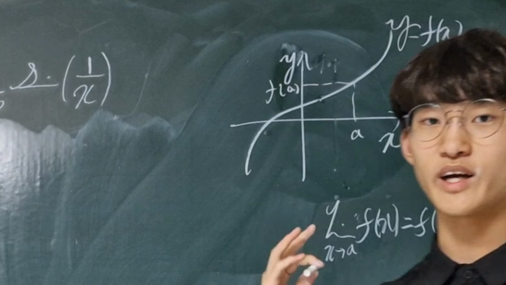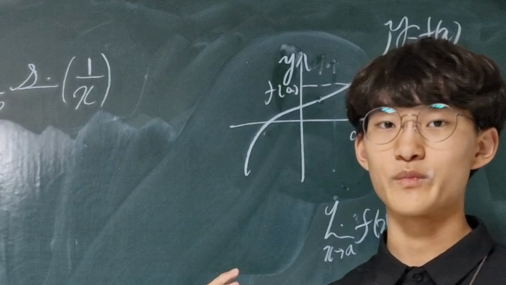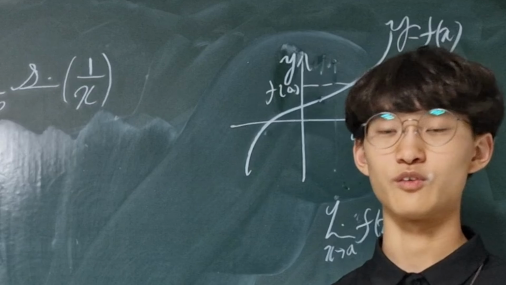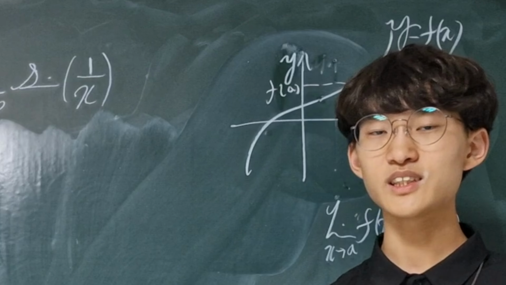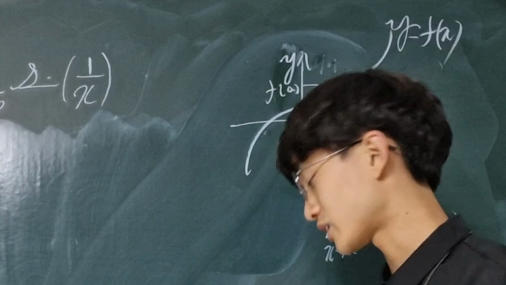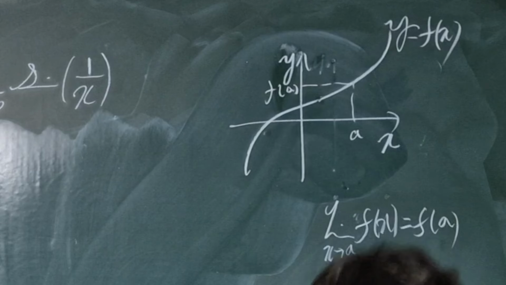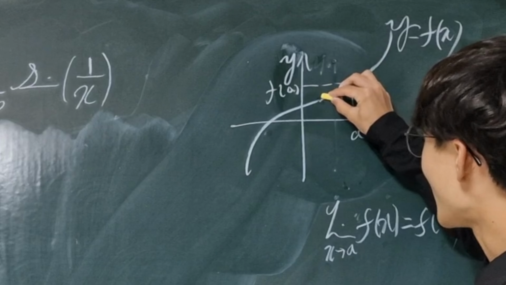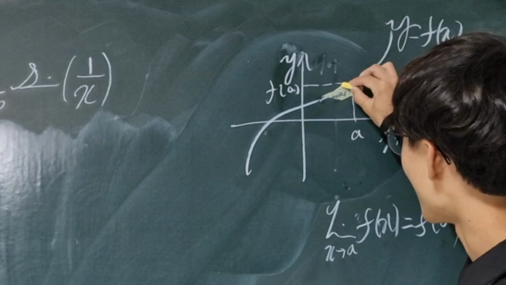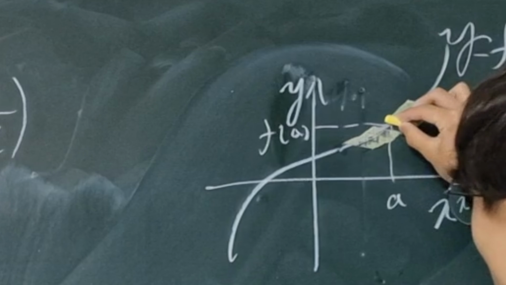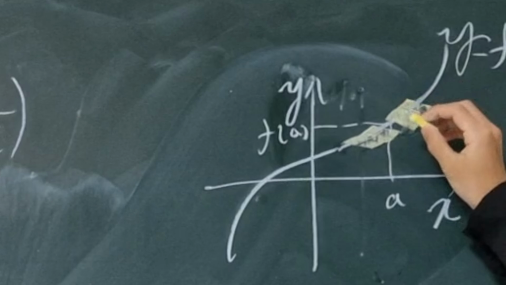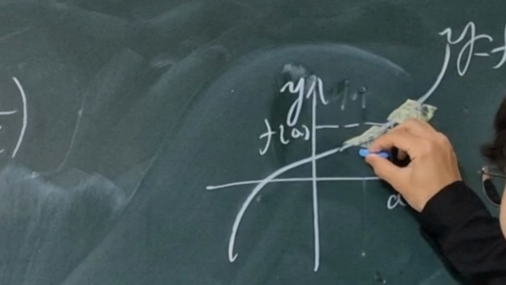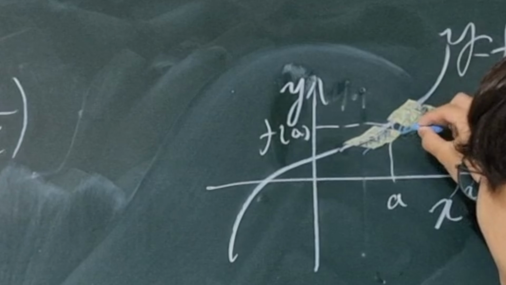Now, to explain why this is the case, we need to think about continuity, and that might be a topic for a different video. This is just a very intuitive explanation. As x approaches closer and closer to a, in Korean textbooks you will see very cute arrows like this.